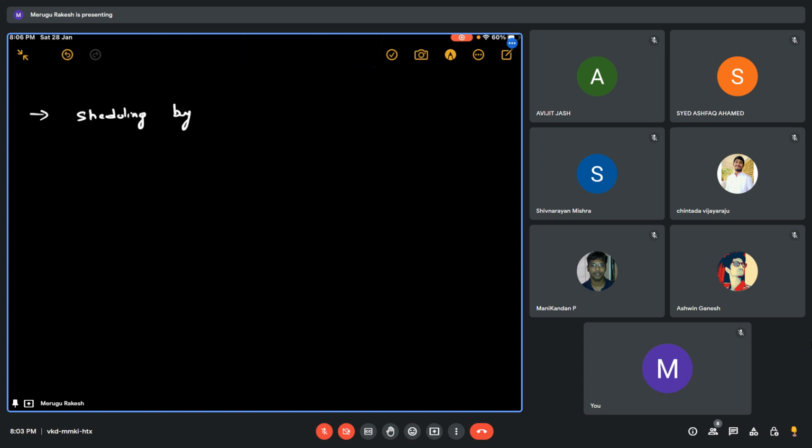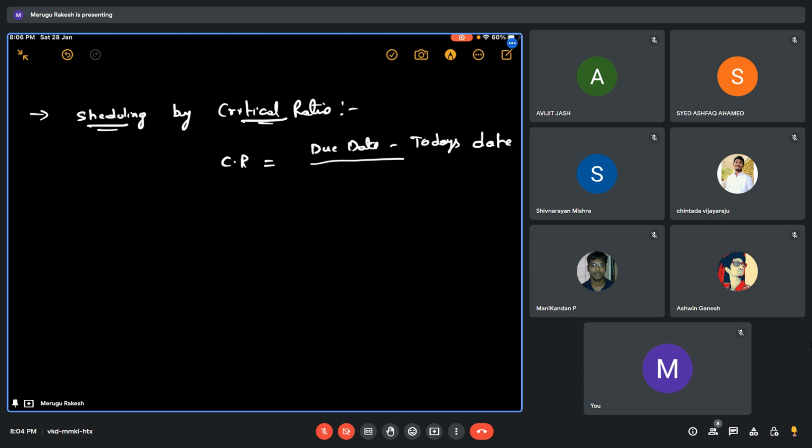scheduling by critical ratio. So this critical ratio is nothing but due date minus today's date, divided by workdays remaining.